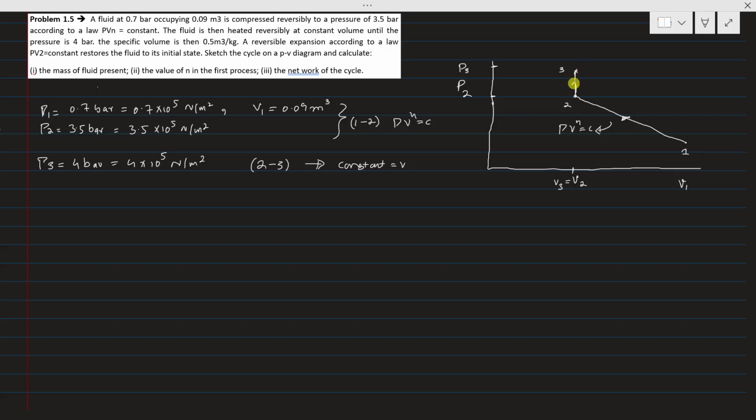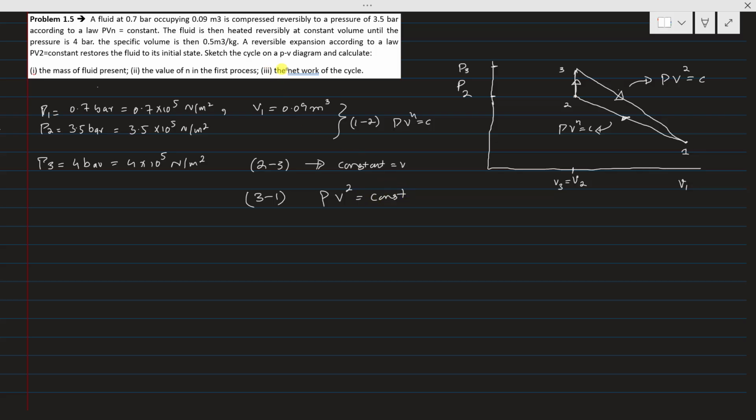Then expansion takes place until it reaches its initial condition. So process 3 to 1 is an expansion process, and it follows the law PV^2 equals constant.